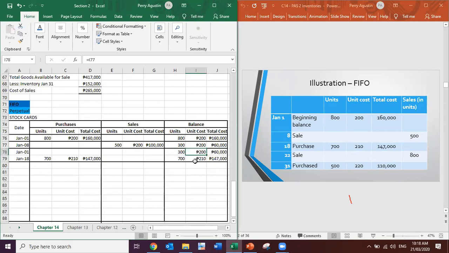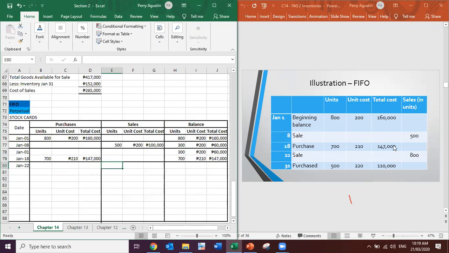All right? Then we have our sales on January 22. So again, saan natin lalagay yung January 22 sales? Under the sales column. So we have 800.